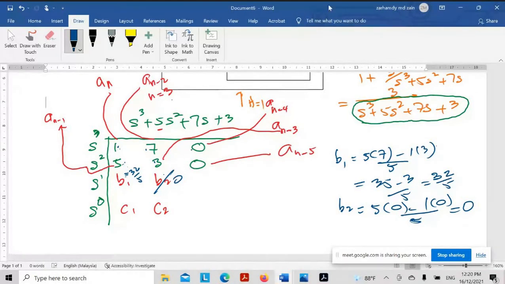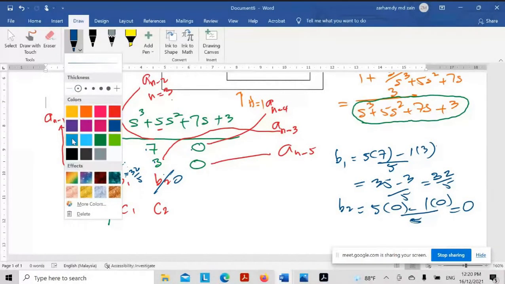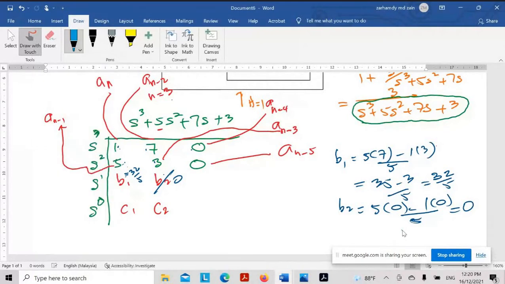Now we look for the value of C1. C1 is B1 multiplied by 3 minus 5 multiplied by B2, over B1. So we have 32 over 5 multiplied by 3 minus 5 multiplied by 0, over 32 over 5. So here we will get 3.